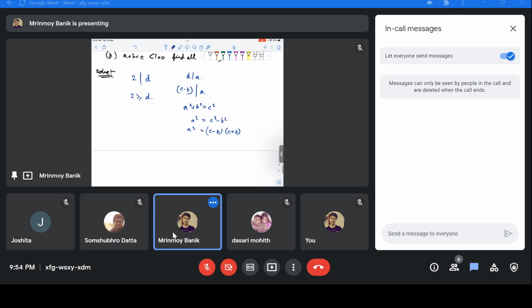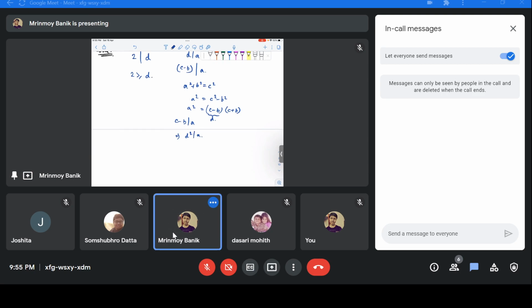And C minus B already divides A, so this is D. D divides A. Now, D squared divides A squared.